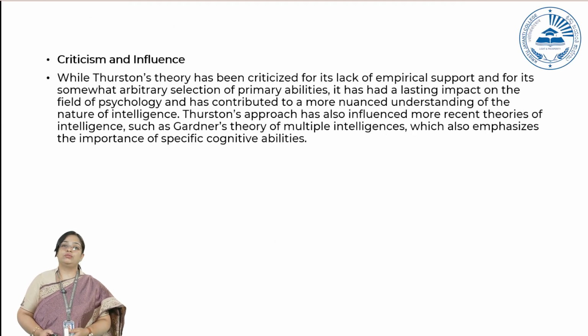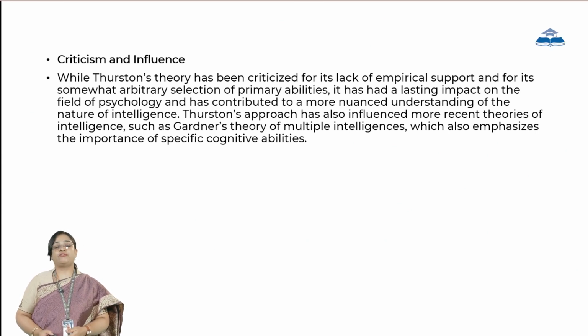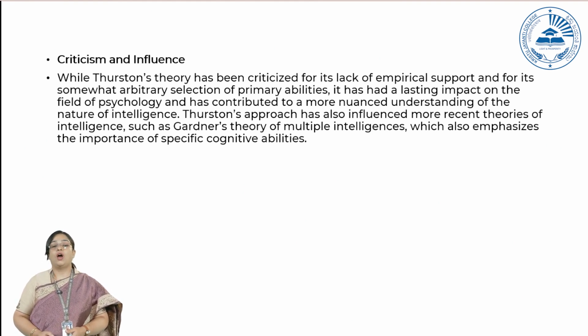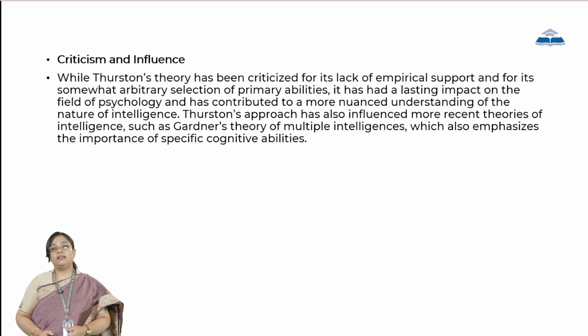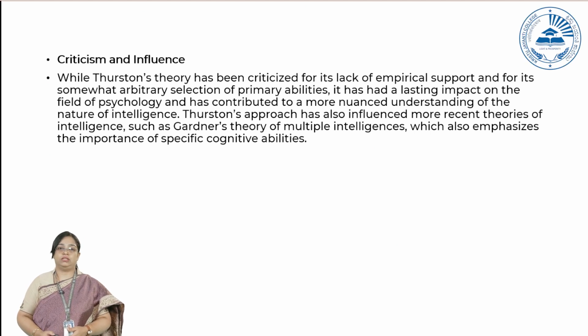Moving on to the criticism and influence of Thurstone's theory. While Thurstone's theory has been criticized for its lack of empirical support and for its somewhat arbitrary selection of primary abilities, it has had a lasting impact on the field of psychology and has contributed to a more nuanced understanding of the nature of intelligence.